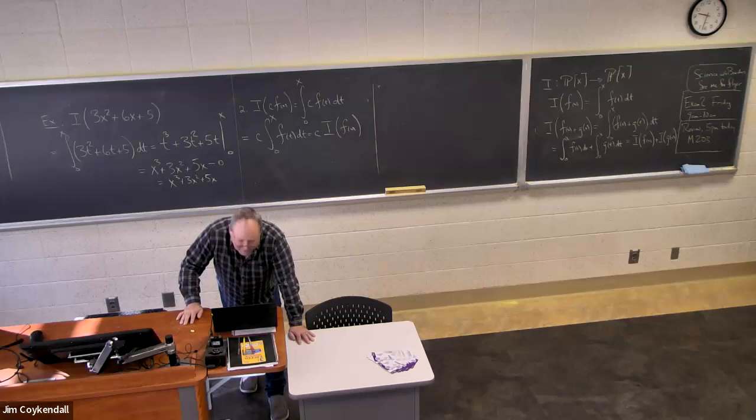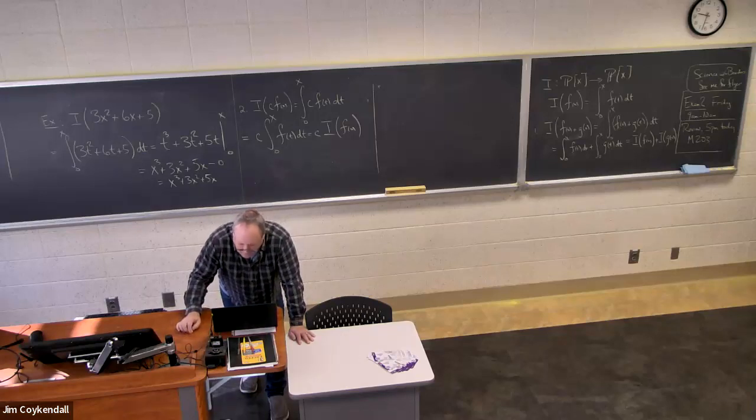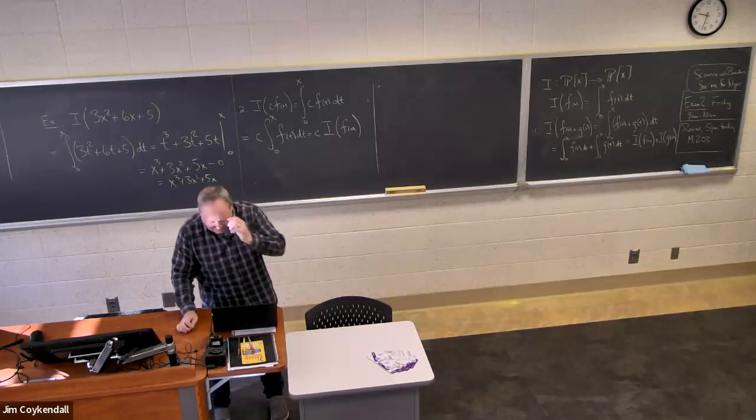So a question is that it says determine if the linear transformation D is 1-to-1 and determine if it's onto and justify your answers.